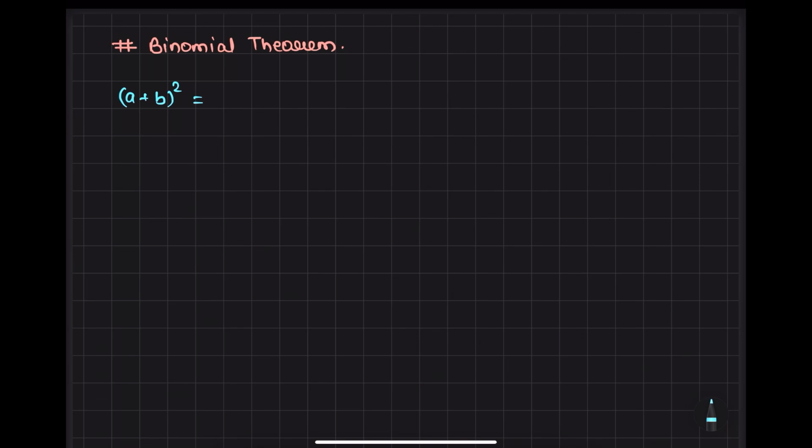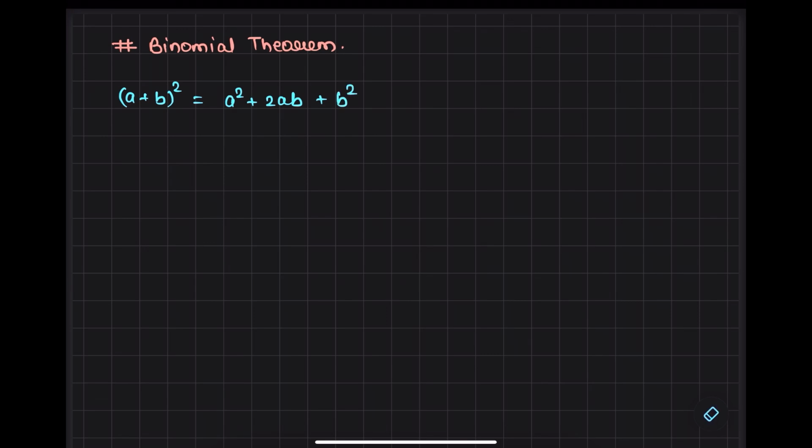It was a square plus b square plus c square, correct? But if you try to recall that identity from your module, it goes this way: a square plus 2ab plus b square.